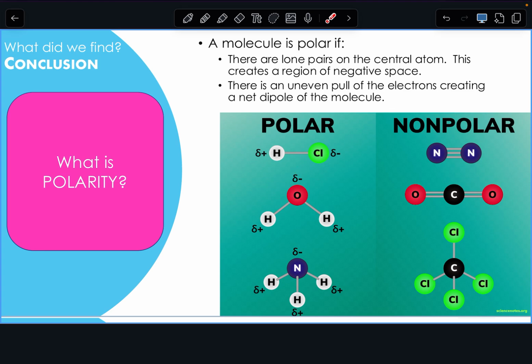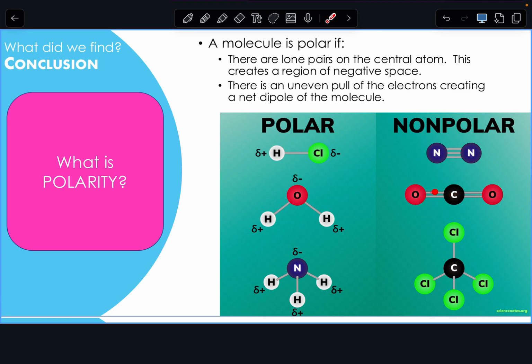So when you start looking at your happy atoms, like oxygen has these lone pairs always up here, nitrogen has these lone pairs up here, you're going to start seeing that these are going to happen and they're going to start to make things polar. In addition to that, if you only have one bond, if the bond is polar, it's polar. If the bond is nonpolar, it's the exact same thing. The molecule is nonpolar.